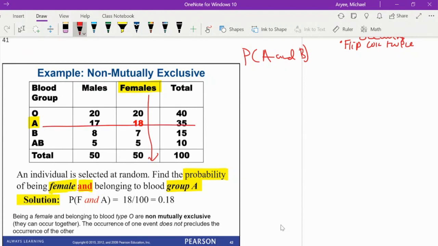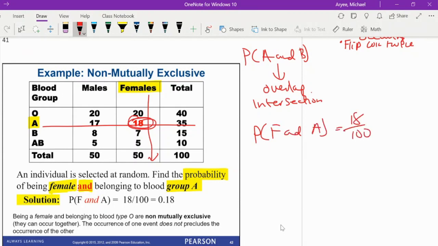So AND means where they intersect, right? The overlap, or the intersection. The number of females who have blood type A are 18. So probability of female and blood type A will be 18 over 100.